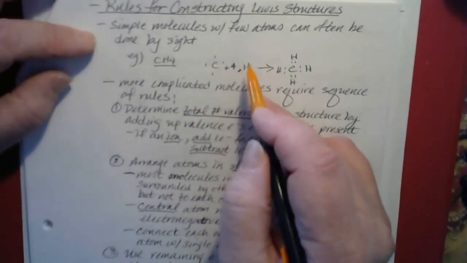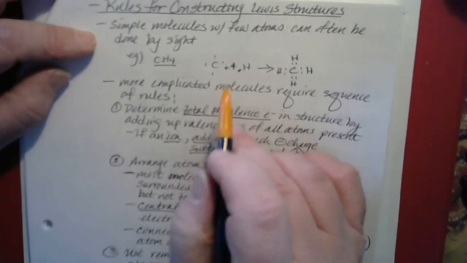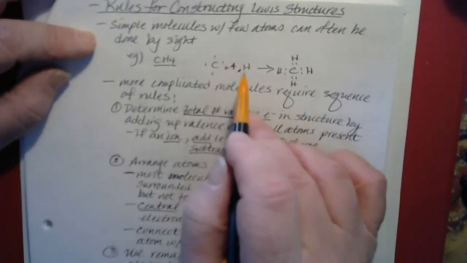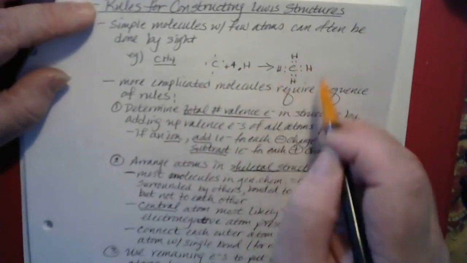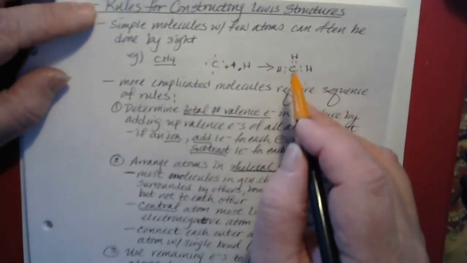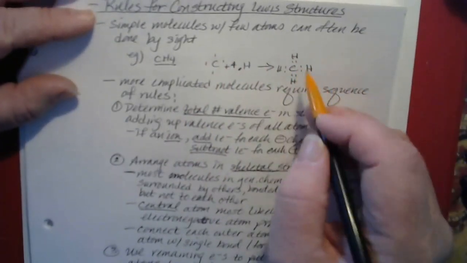And then you would have 4 hydrogens, each with 1 dot around it. Becomes pretty clear how they fit together. Each hydrogen shares its electron with one of the electrons from carbon, and you end up with this structure here. Carbon with basically all carbon hydrogen single bonds.